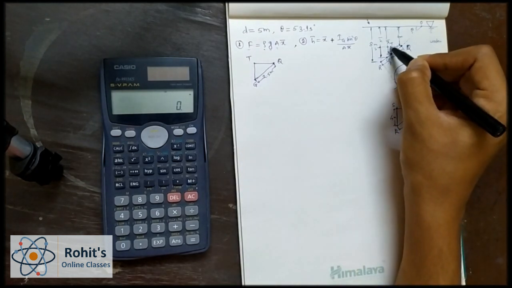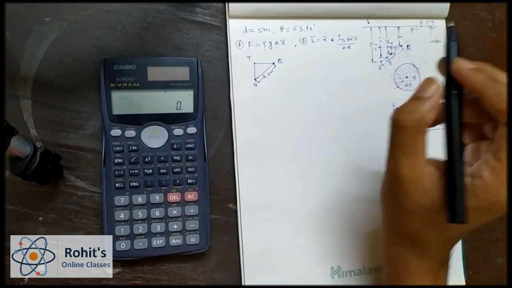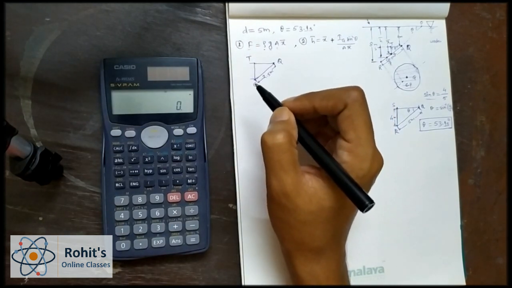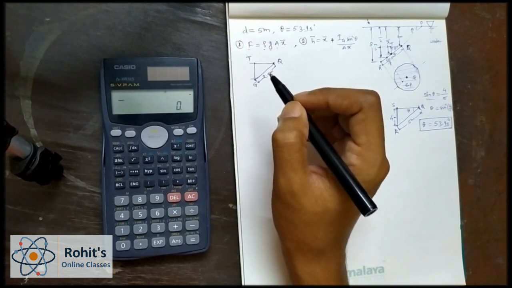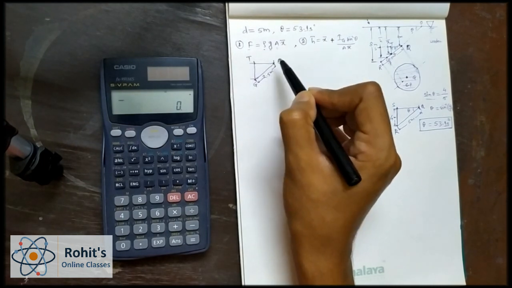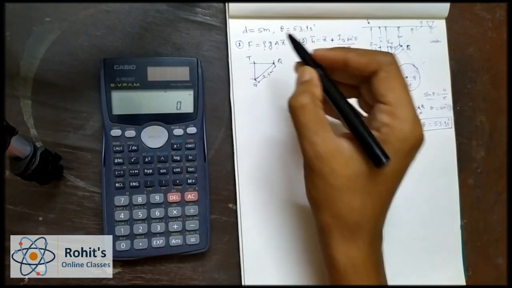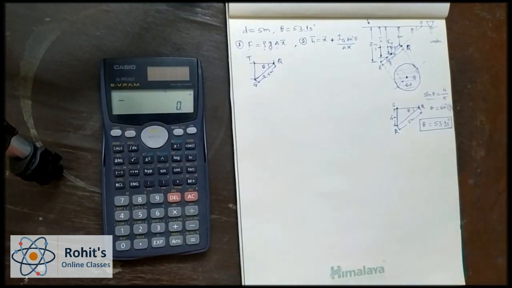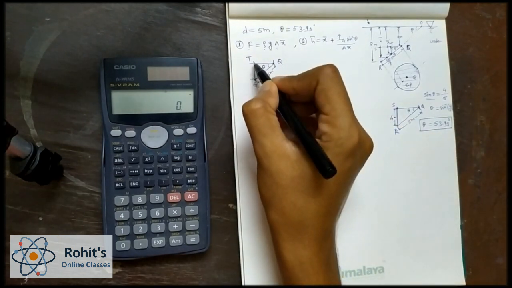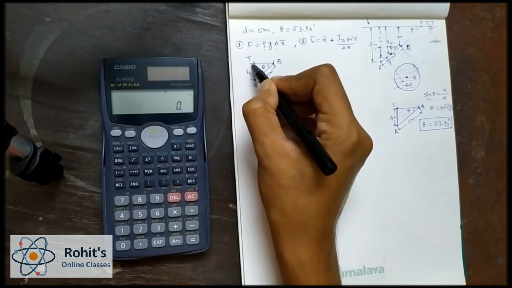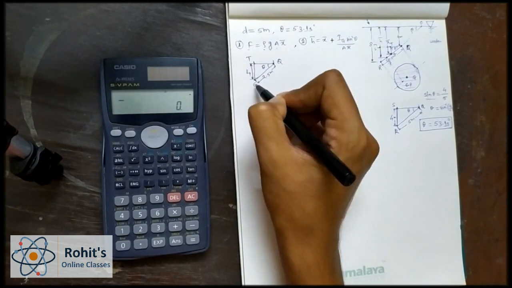Then this G point up to this T point is another distance that we don't know, we have to calculate it. And we again don't know the distance from T to Q, but we know this angle theta. How much is our theta? Theta is 53.13. In order to find this distance, let us consider the length of the GT line as L1.